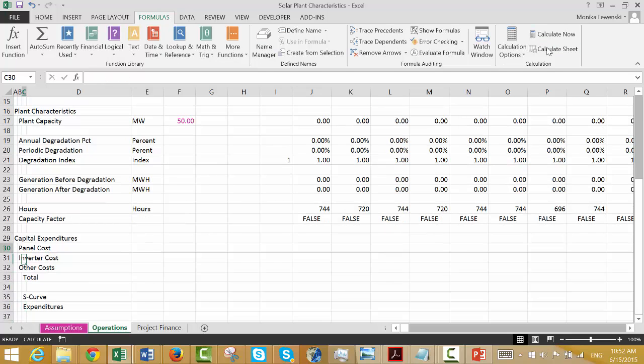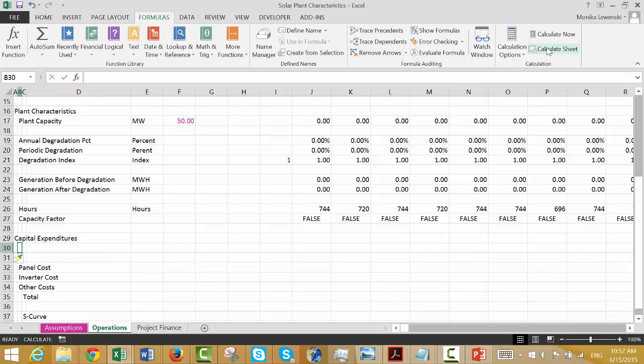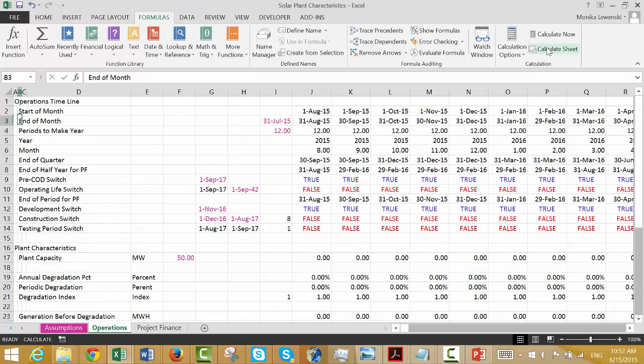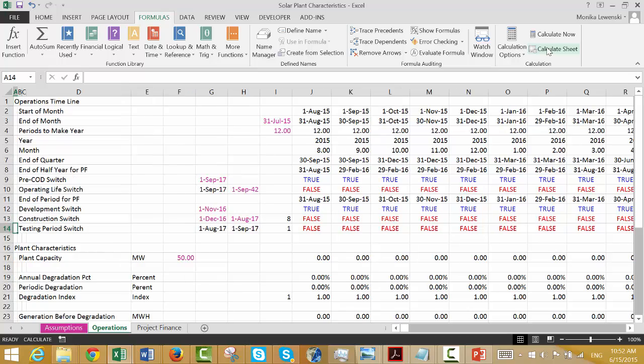And then above here, we can also put the construction period. And the reason we'll need the construction period is because we have this construction switch down here, and we can just accumulate that construction switch.